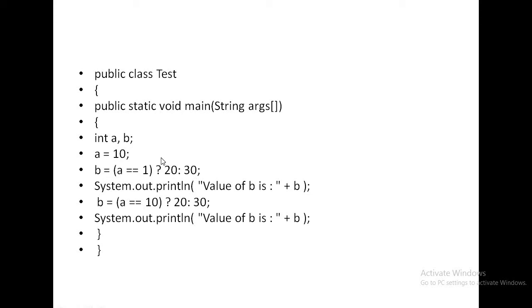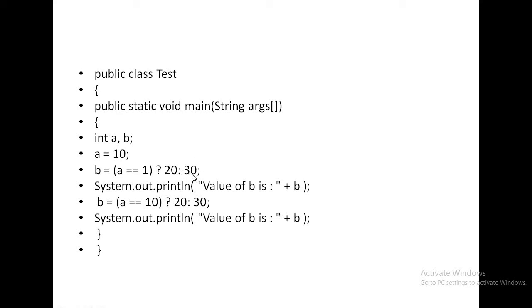So how is this line evaluated? First the expression is checked whether it is true or false. What is the value of a? The value of a is 10. Is 10 equal to 1? True or false? This is false. If the expression is false, then which one is the result? 30 is the result, because if the expression is false, the value after the colon is the result of the whole expression.